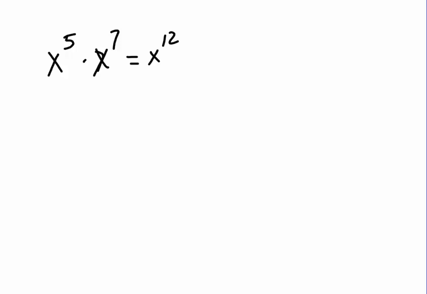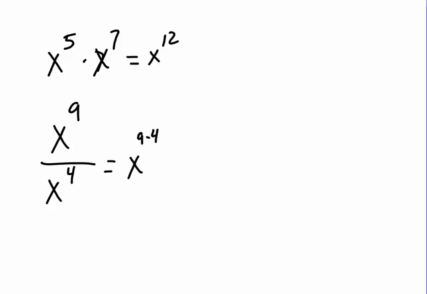Well, if that's what we do when we multiply, I briefly talked about the fact that in order to divide, we're going to just subtract the exponents. So in this one here, if I have x to the ninth over x to the fourth, this is equal to whatever the top one is minus the bottom one.